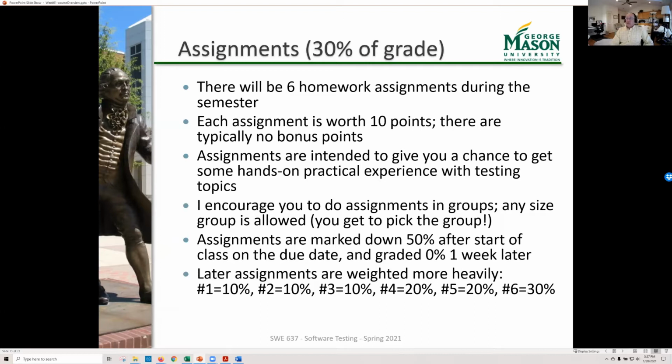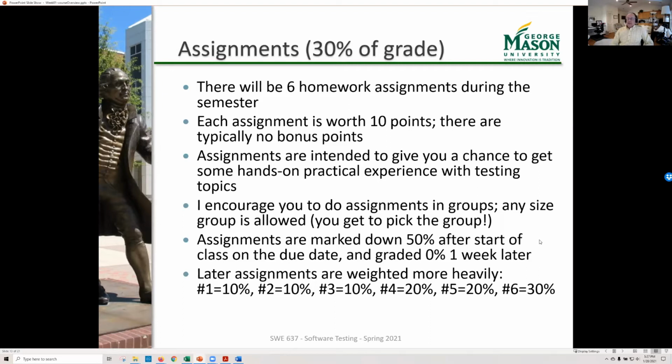However, if 20 of you want to get together and do an assignment, that's okay. But there's only 1 grade given to each of you. If the assignment gets a 9 out of 10, then all 20 of you get that 9. I'm not going to look at who contributed what part of the assignment. You're all just going to share the grade.